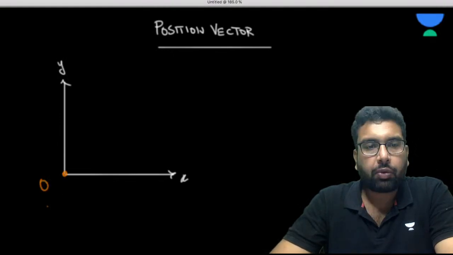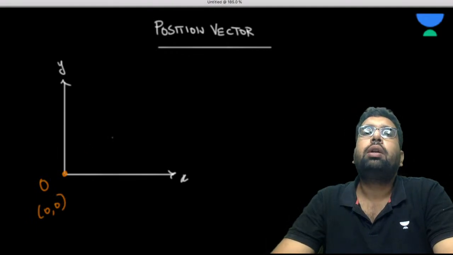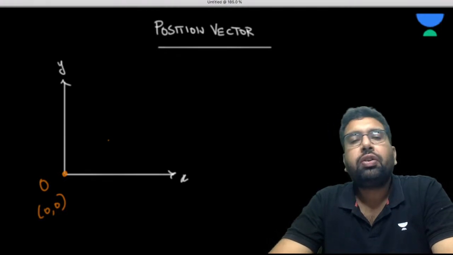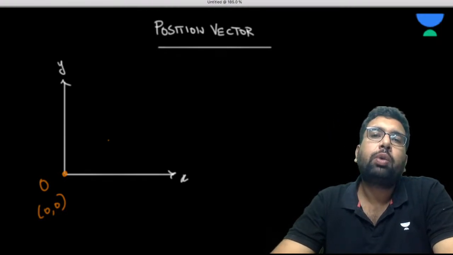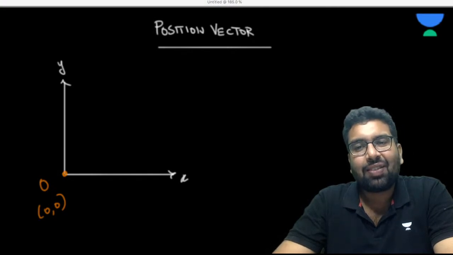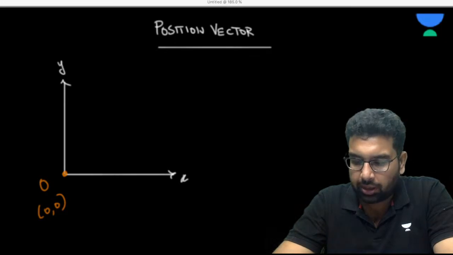We know the coordinate of the origin is (0, 0). So the origin is that reference point, and the reference point could be anywhere, though in general we prefer the origin because that is quite a landmark in physics. When we see the coordinate system, the intersection of all the coordinate axes is the origin, and normally we take the reference from this very point.